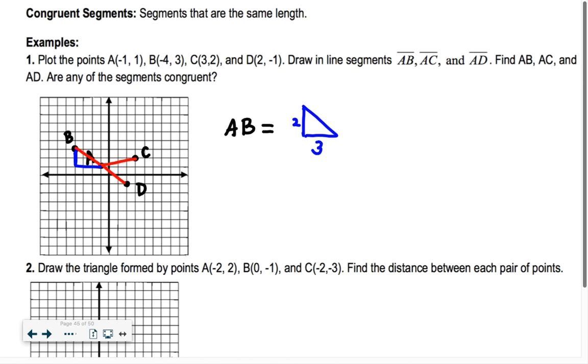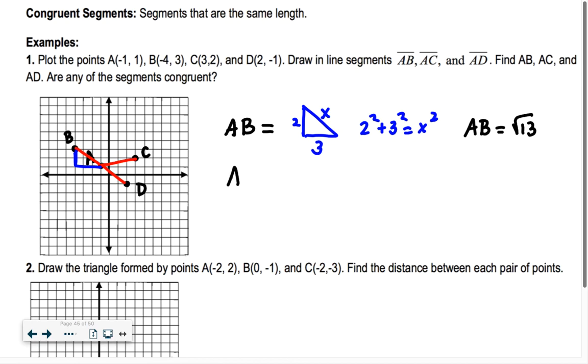But we can find that distance x by doing 2 squared plus 3 squared equals x squared. It's much faster. What's 2 squared plus 3 squared? 4 plus 9, which is 13. So the length of AB would equal square root of 13. Does it make sense how I did that? Use the picture to help you. It makes things much easier.